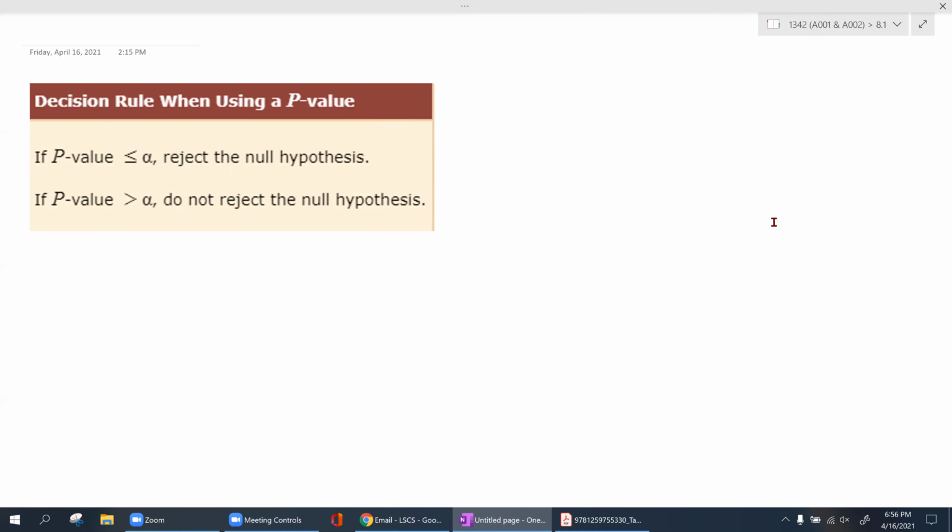All right, I'll go ahead and mention something right now. It can happen when your p-value is less than or equal to alpha, or if your observed value is in your critical region.